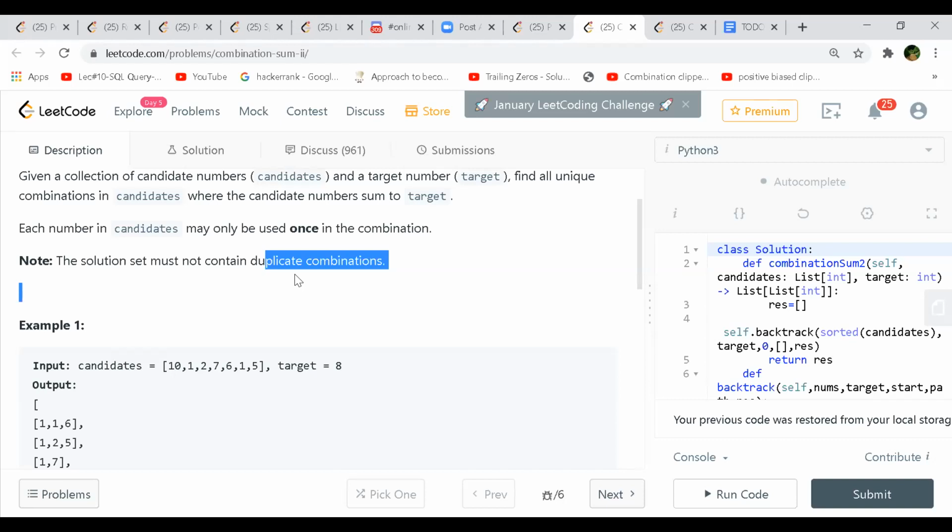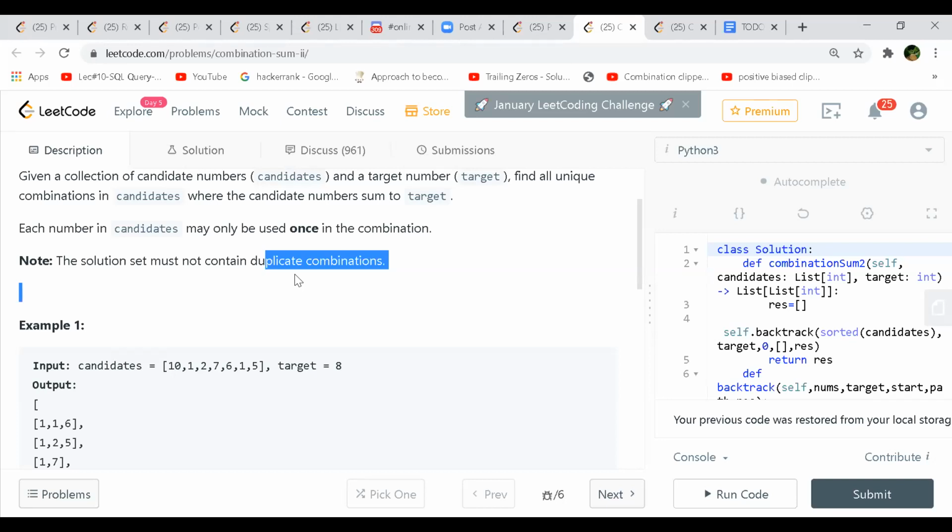So will sorting help? Yeah, sorting will help because duplicates will be avoided. And then we can decide whether to move ahead or not depending on the previous one.